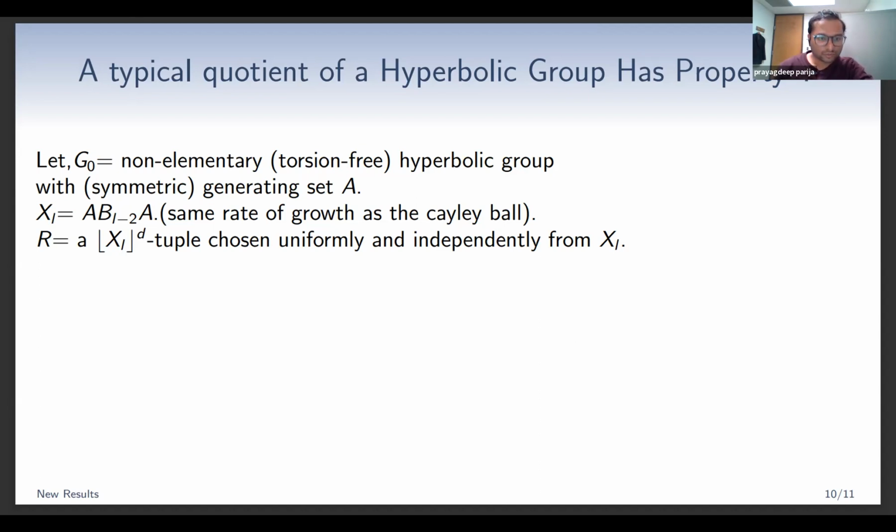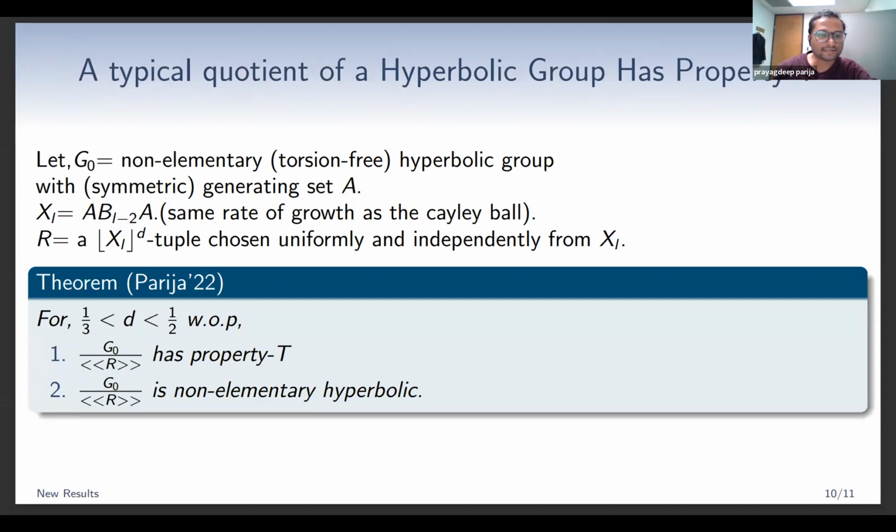Here we get that for density between 1/3 and half, these quotients do have property T and they are indeed hyperbolic. So in this model, there is no cost in choosing from these sets. We get a full phase, 1/3 to 1/2, where we have property T as well as non-elementary hyperbolic.